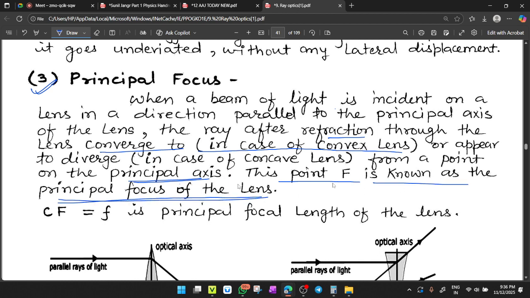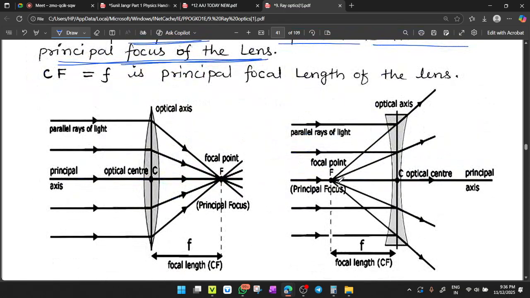In a lens there are two foci. One is called the principal focus and another is called the secondary focus. Your principal focus is supposed to be the main focus. And what is the definition of principal focus? When light rays come parallel to the principal axis, after refraction they are collected at a point.